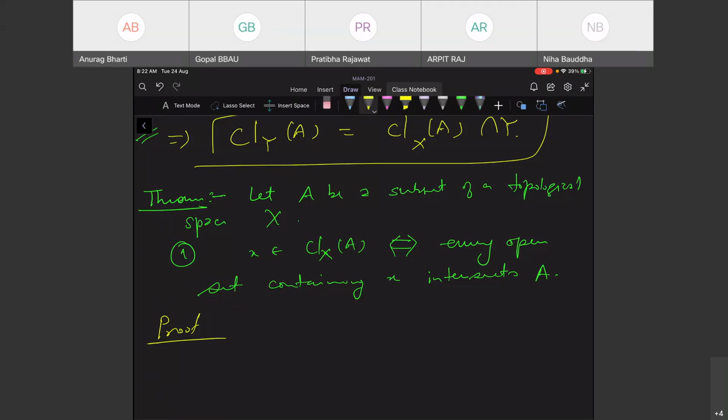What we will do, we will prove this result by contrapositive. What is contrapositive?